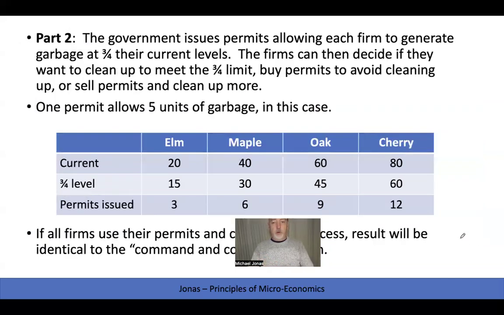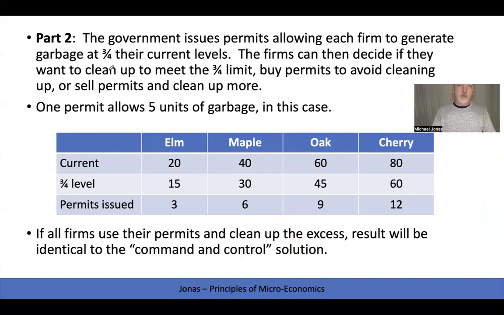Now, part 2, we need to walk through this, right? So in this scenario, the government issues permits allowing each firm to generate 3/4, 75% of their current level of garbage or pollution. Once those permits are issued, the firms have a choice.